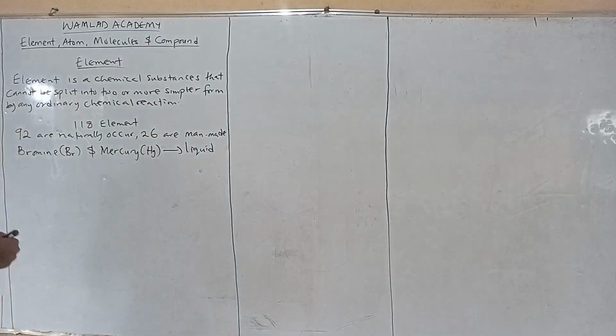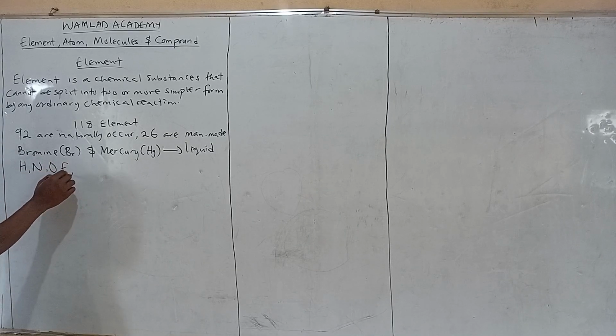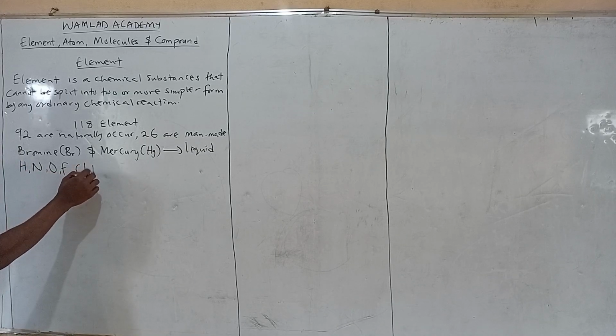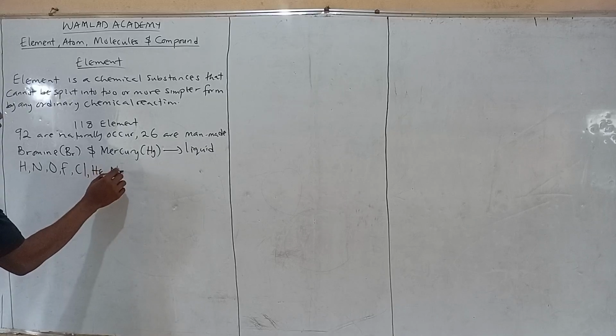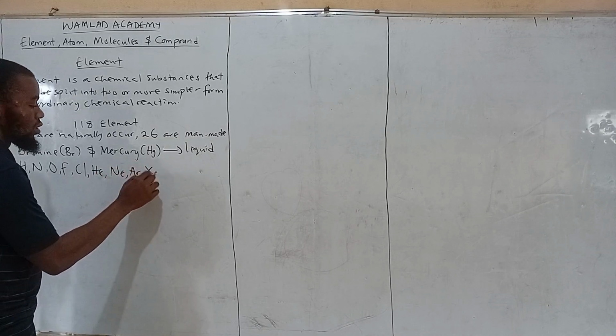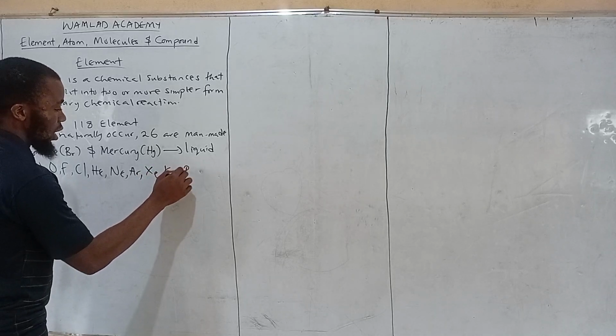The first one is hydrogen, we have nitrogen, we have oxygen, we have fluorine, we have chlorine. Then you have all 6 noble gases: helium, neon, argon, xenon, krypton, and radon.